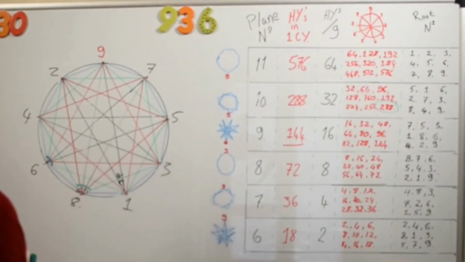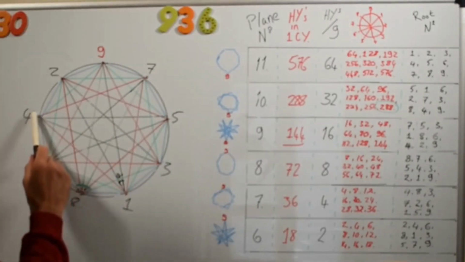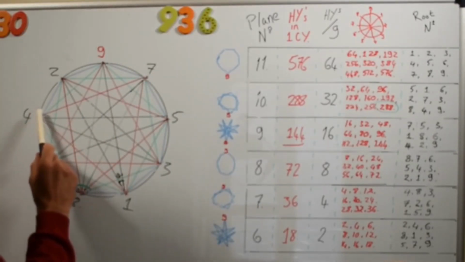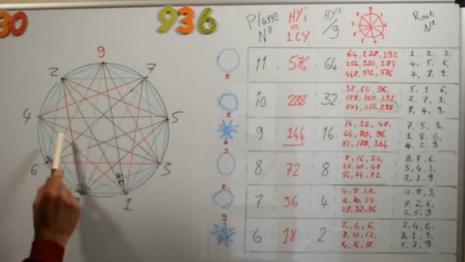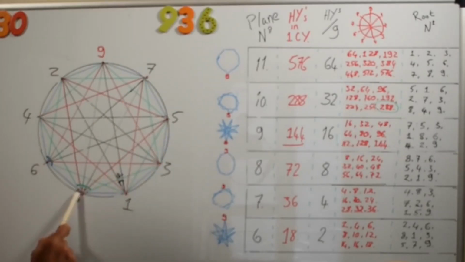So what we see here, this equilateral triangle, which was the 1, 4, 7 before, is still the 1, 4, 7 triangle, and the 2, 5, 8 triangle remains the same.